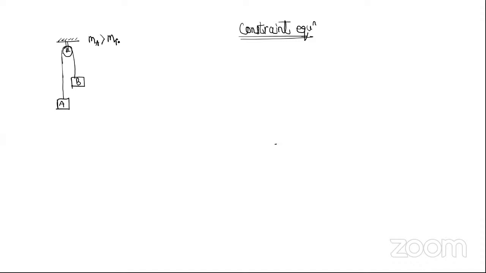Let's say here for this case MA is heavier. Now if MA is heavier, then A will move down and B will move up.